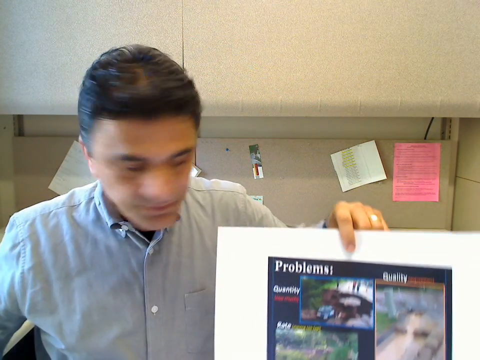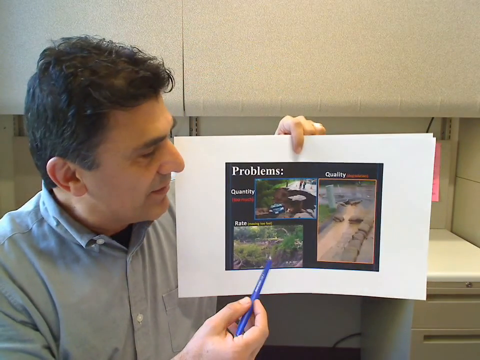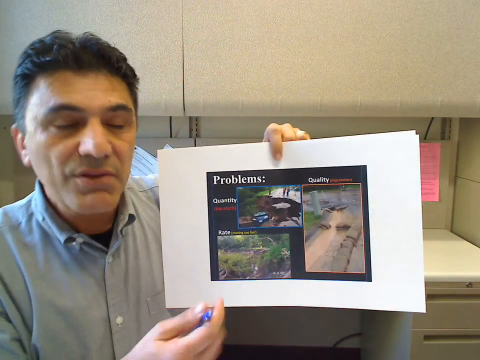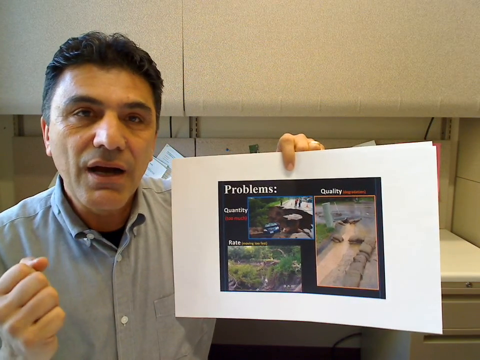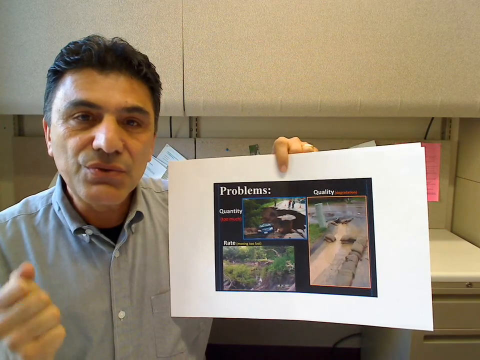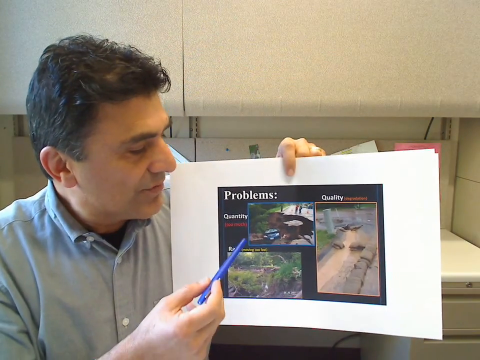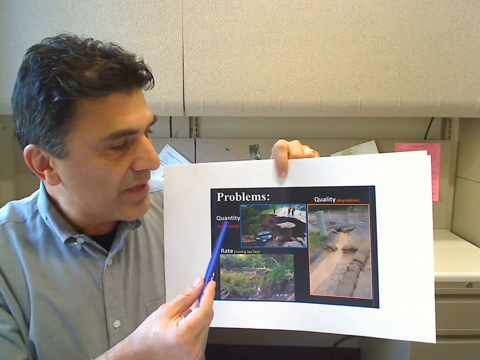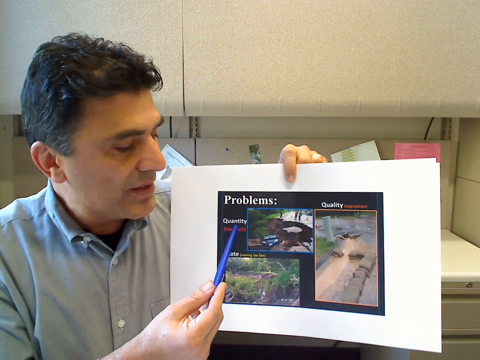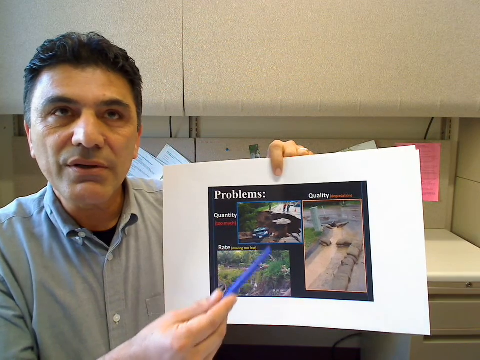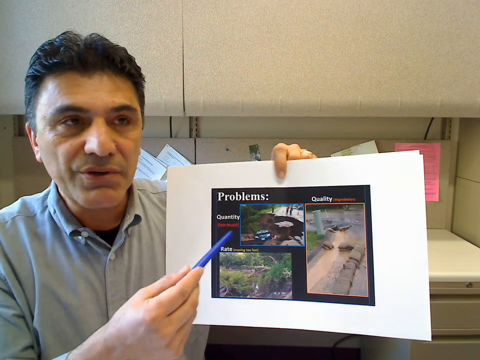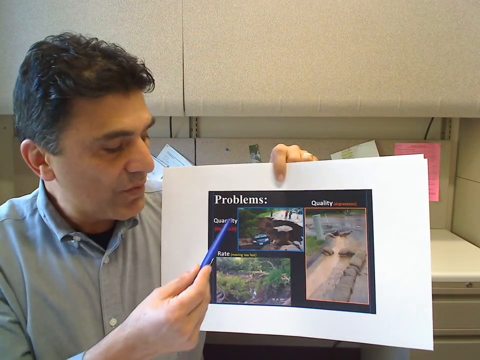Let's go back to our graphics here, where we remind ourselves what the three main problems are that are created by excessive stormwater runoff. It increases the amount of water in our stormwater systems, our creeks or streams, so we end up with too much water.